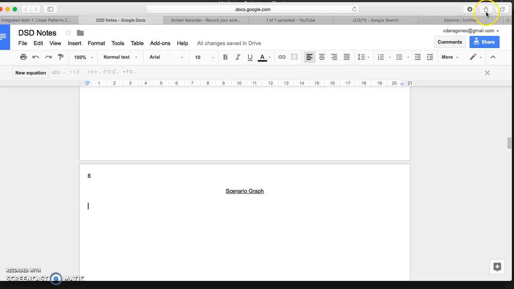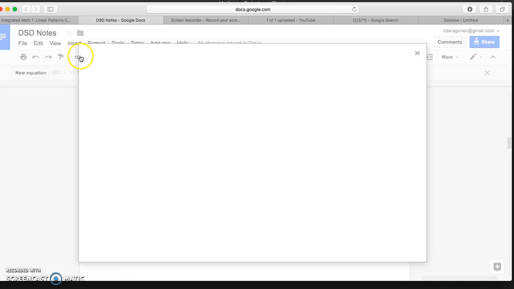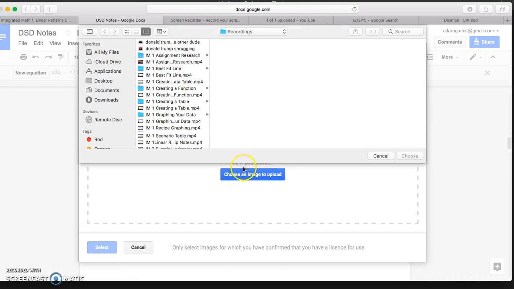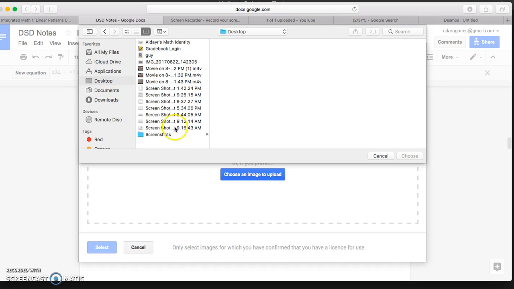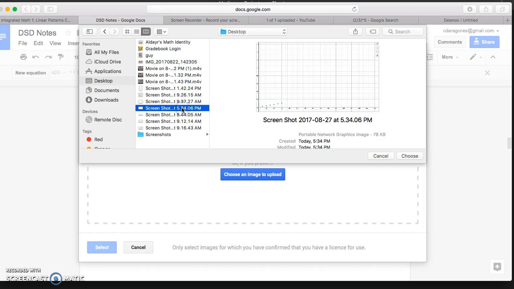So your graph, like I said, should have appropriate labels and scales. So let me show you my example. This one.